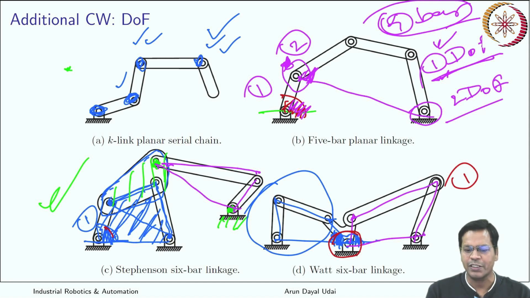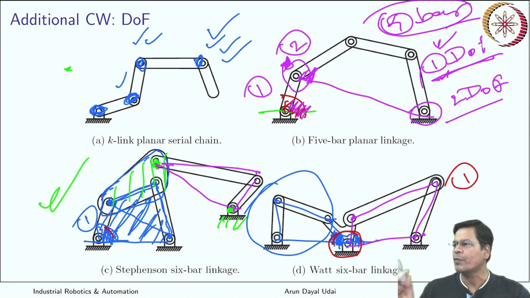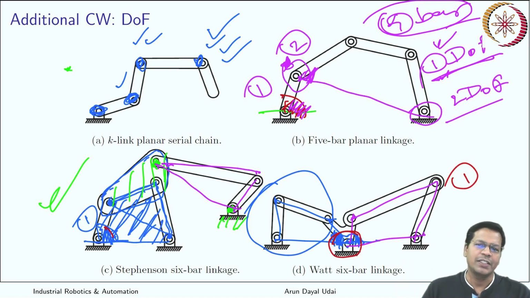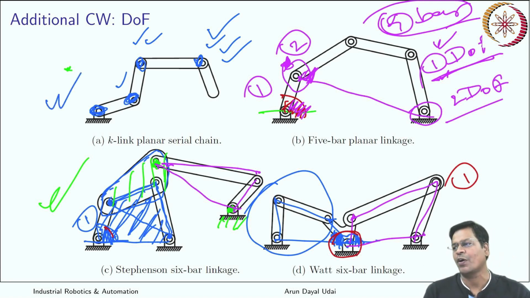If you freeze this one, it is fully constrained. So finally you have to freeze as many joints as it has in order to fully define the system. This is a serial chain system. If it has n joints, it has n degrees of freedom. So the number of axes matches the number of degrees of freedom. Got it? So this is your industrial robot, which is simplest of all.